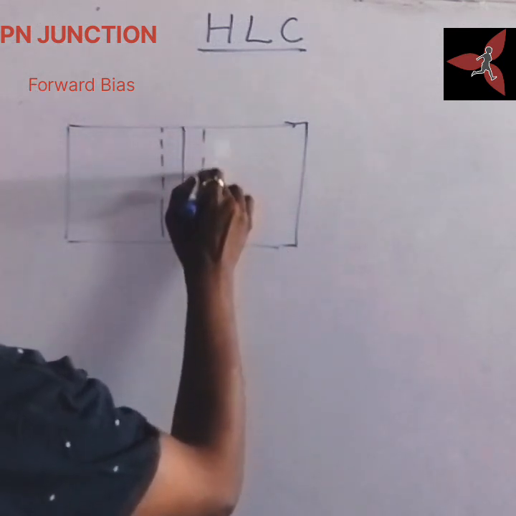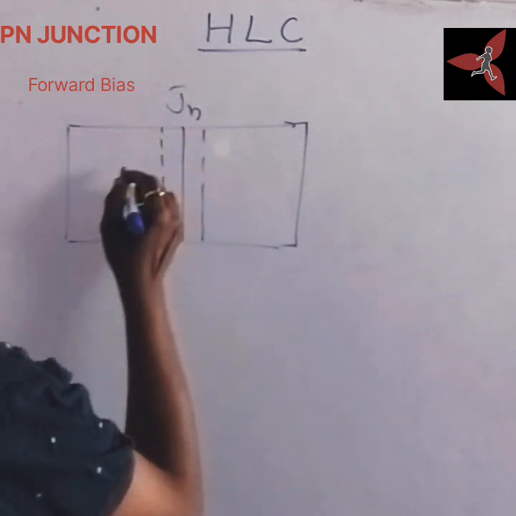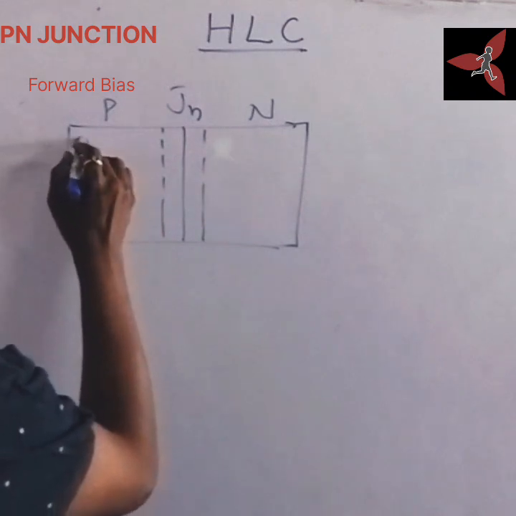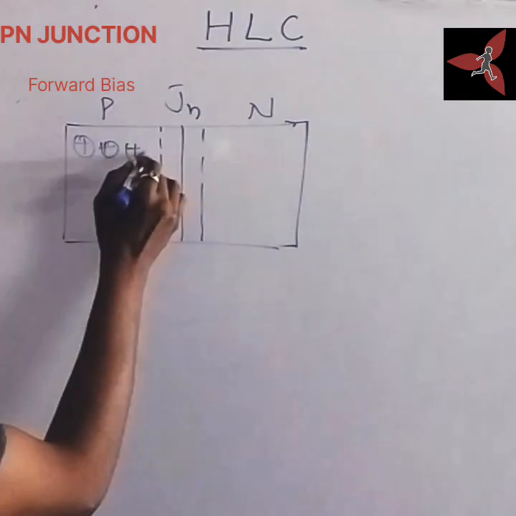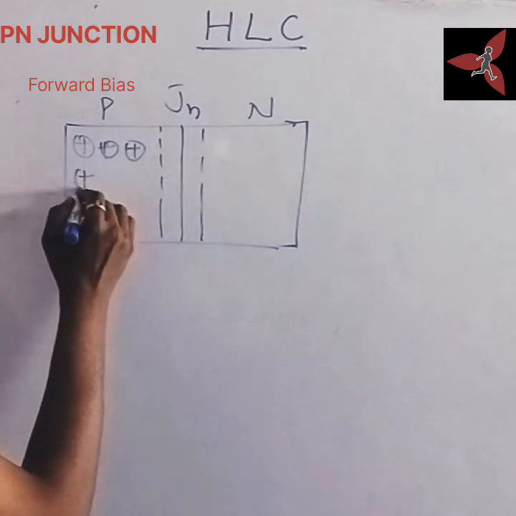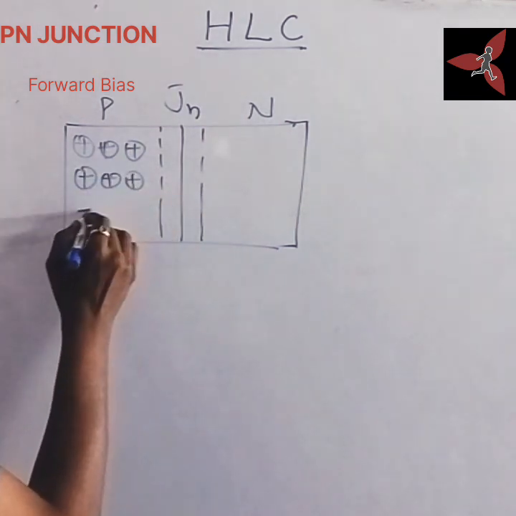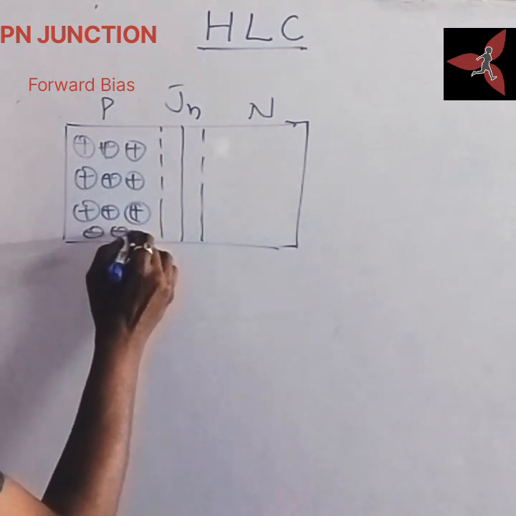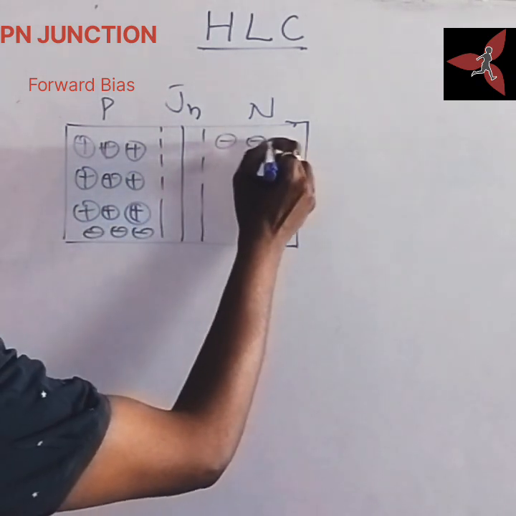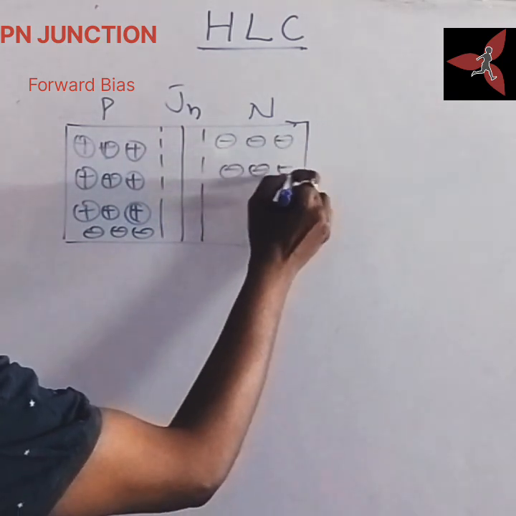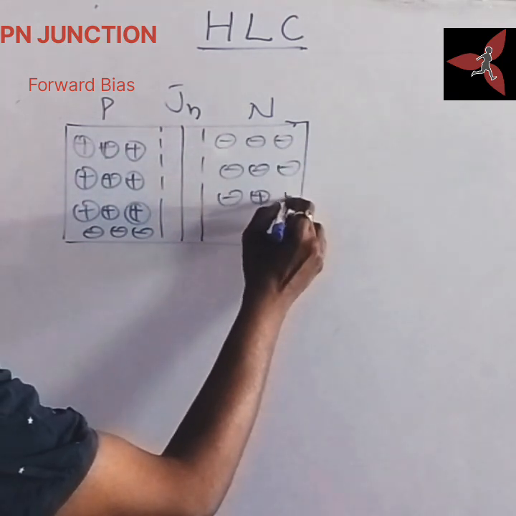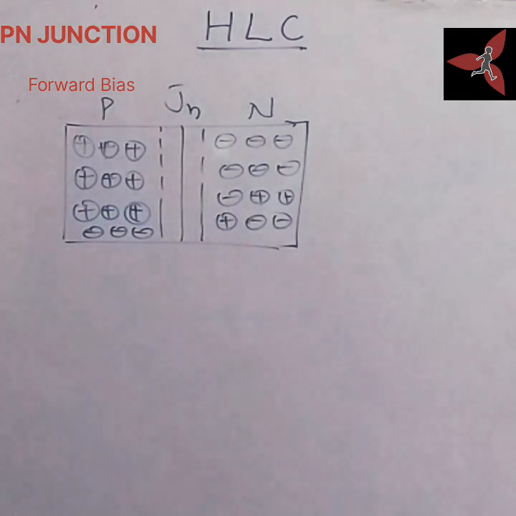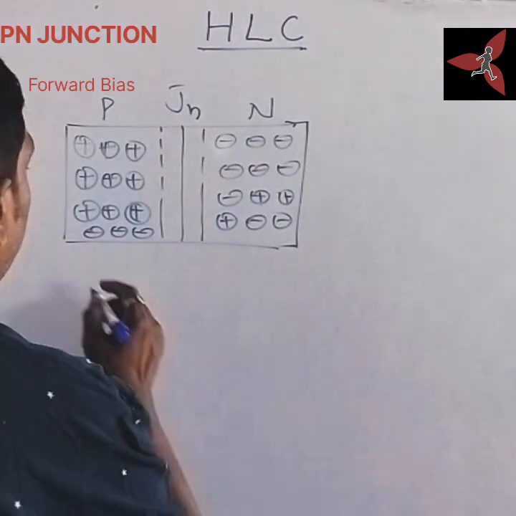We know that a junction forms whenever p-type and n-type material are joined. The majority charge carriers in p-type are holes, which means the number of holes is greater than the number of electrons. In n-type, the majority charge carriers are electrons, so the number of electrons is greater than the number of holes.